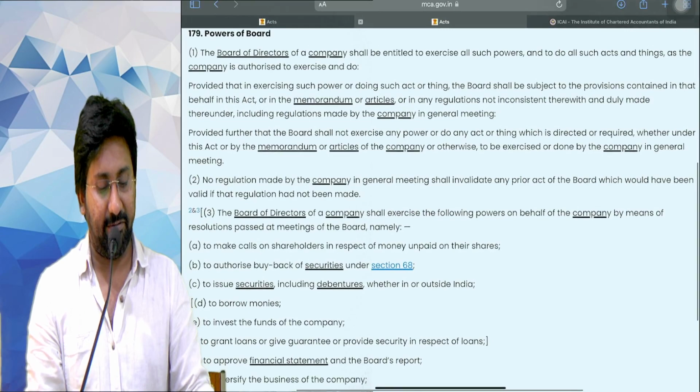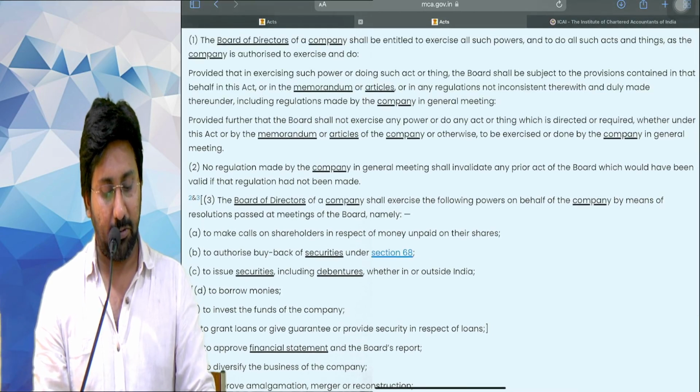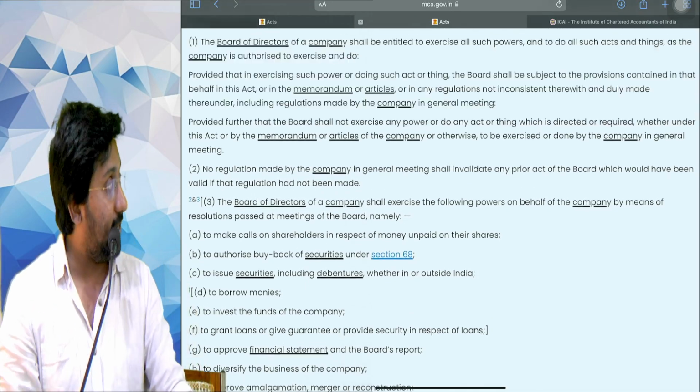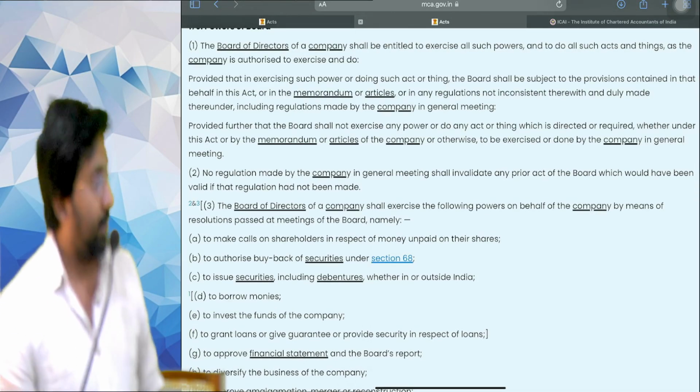Sir, who said all these things? Section 179, read sub-section 1, first proviso, second proviso, and then 179 sub-section 4. Sir, 179 sub-section 2. Read it. Take a minute.